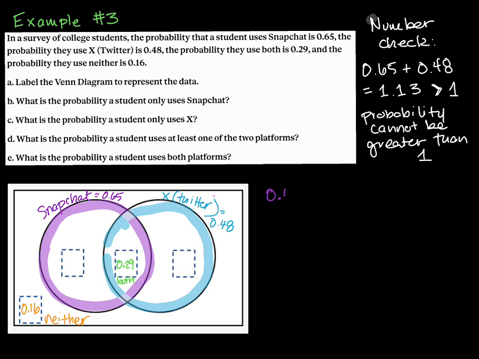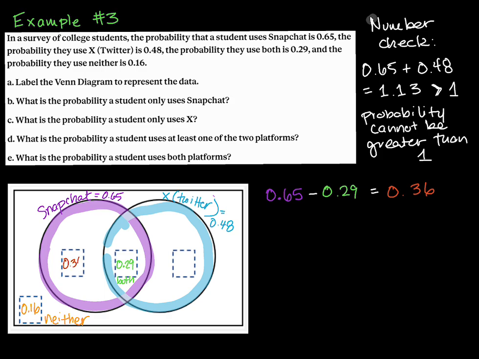That's going to be 0.65, the probability of using Snapchat, minus the 0.29, and that gives us those who only use Snapchat, which is 0.36.